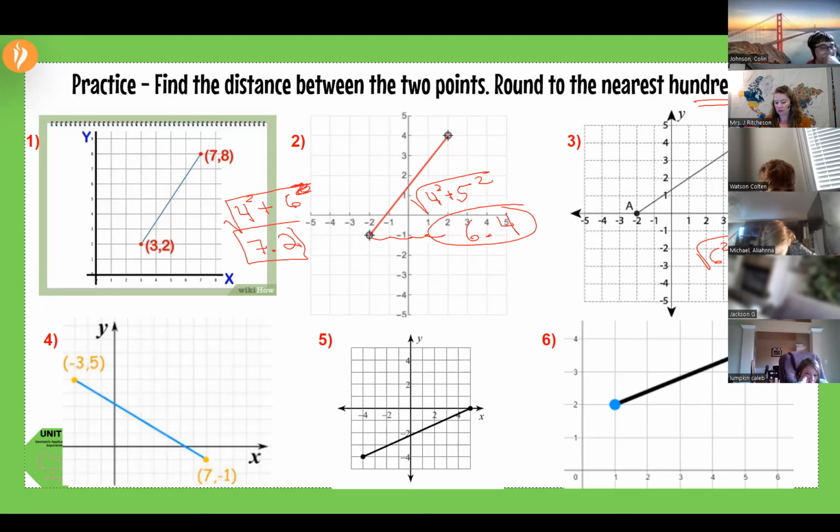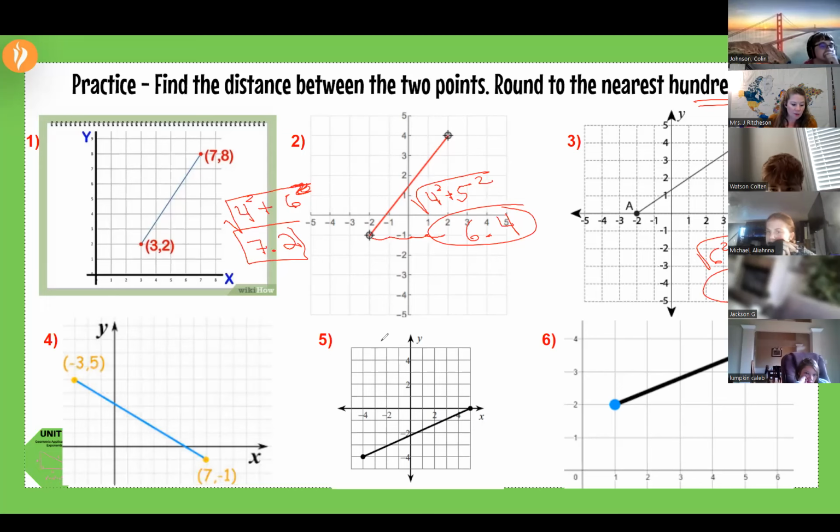I got 7.2. That's what I have, but that's what I got for number 1, it looks like. No, it's supposed to be 7.8. Yep, it should be 7.8. Do y'all agree? Yes, Hayden got the same thing. Okay, I did the same thing though. I got 7.2, but I used 4 and 6 like I did on the first one, so I missed that one.